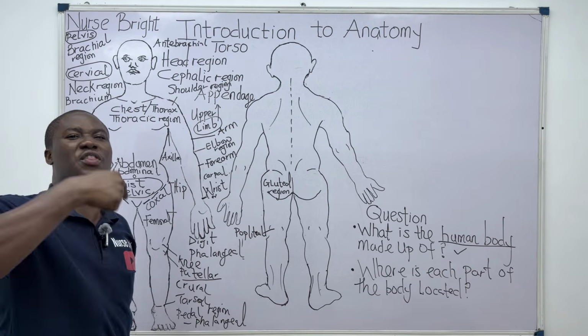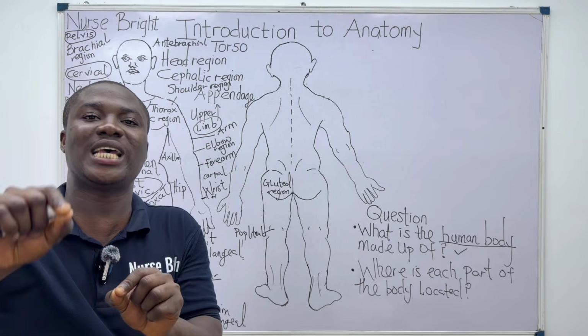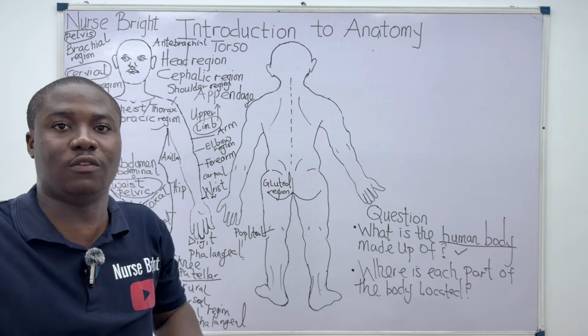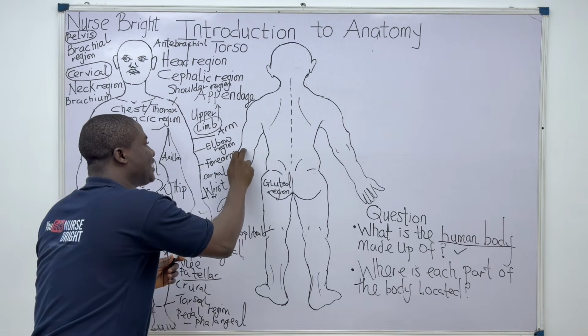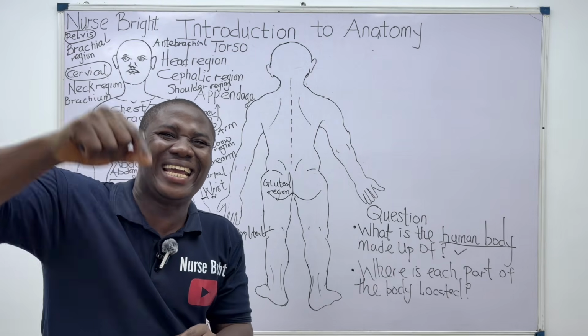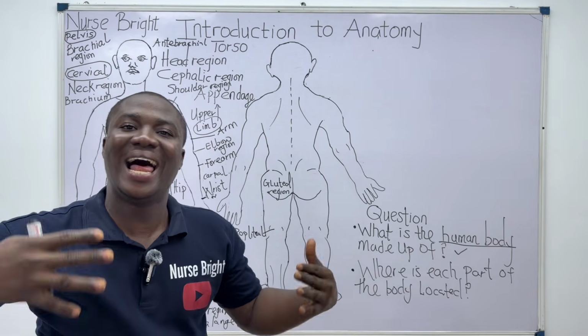So the front of the elbow is simply called the antecubital region. Whereas for the back view, which is also called the posterior view, we are going to learn this term as we go on in this class lesson. The back of the elbow region is called the olecranon region of the upper limb.